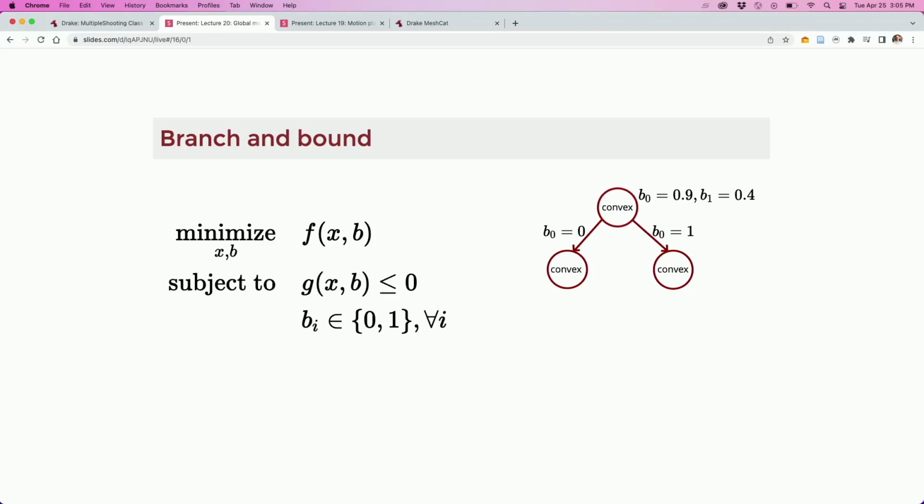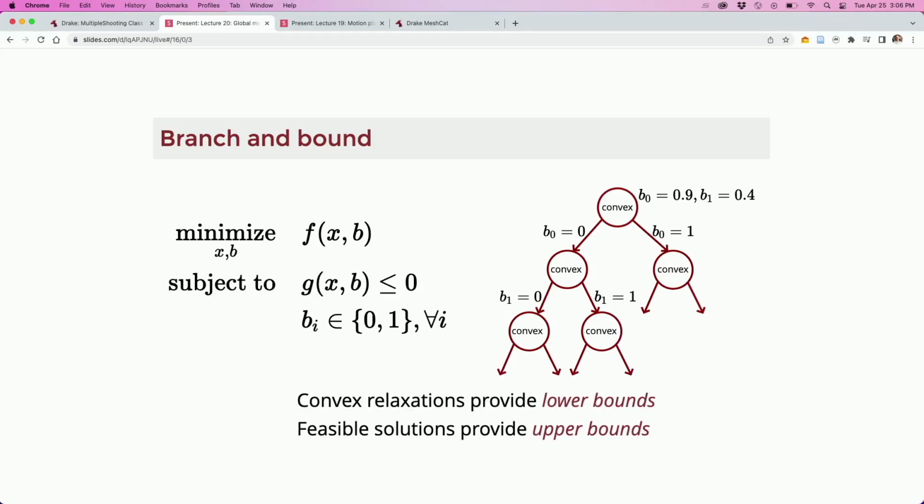Then I can go through a tree and set each of the individual variables to either 1 or 0, and that gives me a search tree. The important thing is that because the convex relaxation is only easier than the original problem, it's a lower bound on the total cost. I have some hard constraints to satisfy, 0 or 1.